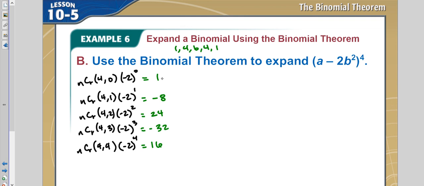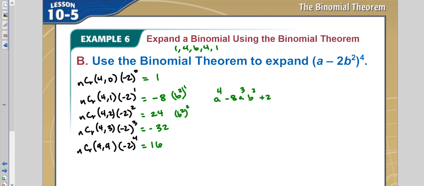So just to write it out, it would be 1 a to the 4th power, and then I would have -8 a to the 3rd, but it's b squared to the 1st. So this is what's tricky here, this is like b squared to the 1st as well. So it would be just b squared. The next one, what's going to happen is we'll have b squared to the 2nd power.